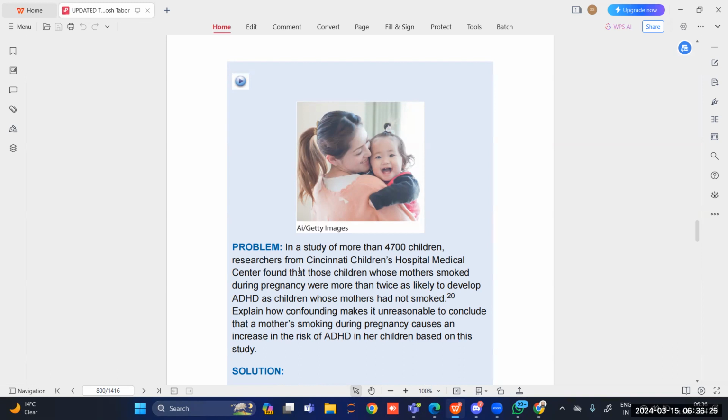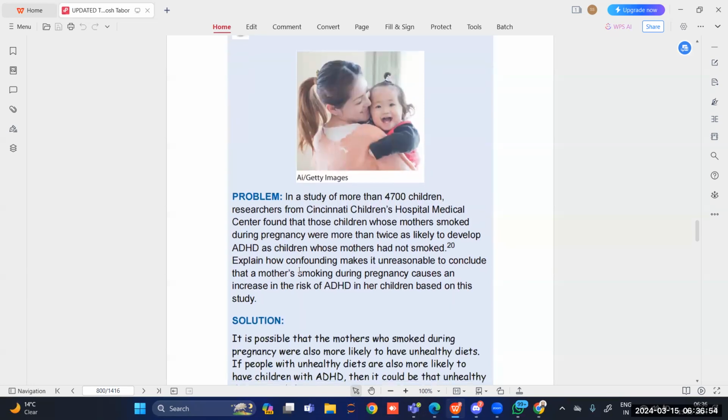Generally you have to just give that different factors can also affect the risk of ADHD in the children. Likewise, mother's diet can affect the risk of ADHD. Whether the mother is exercising during pregnancy or not, taking proper diet or not, in which environment she is living, what the pollution risk is, there can be different factors.